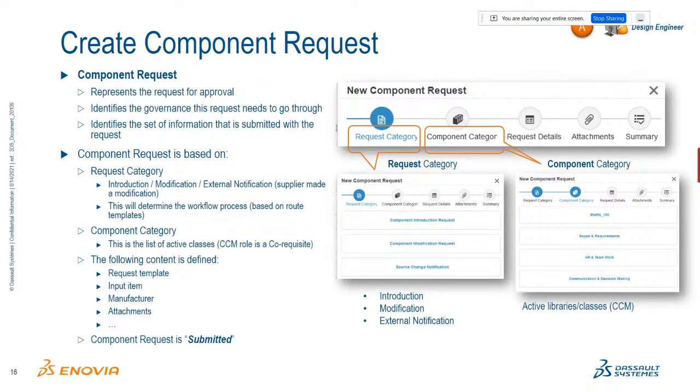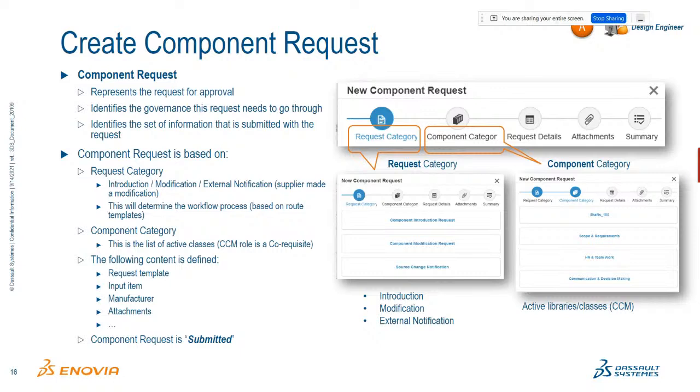Once we make the selections of the category, either request category or component, then we define exactly what the governance or the workflow will be that this request will go through, based on the route, based on the classification, and so on.